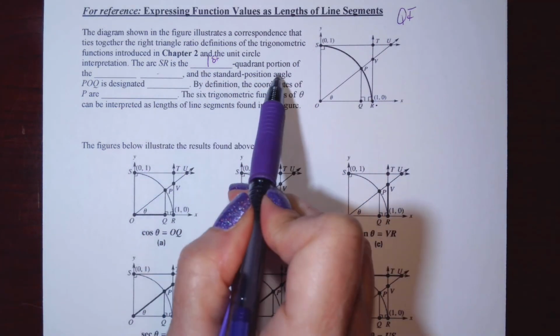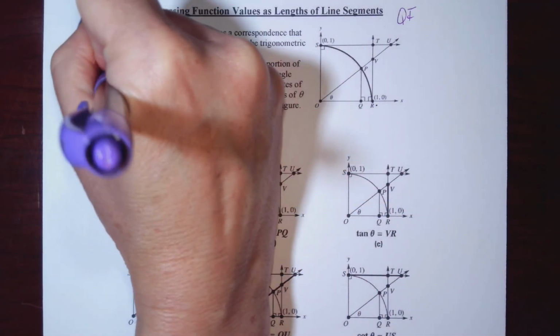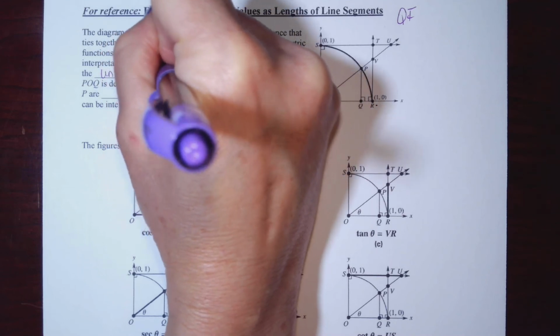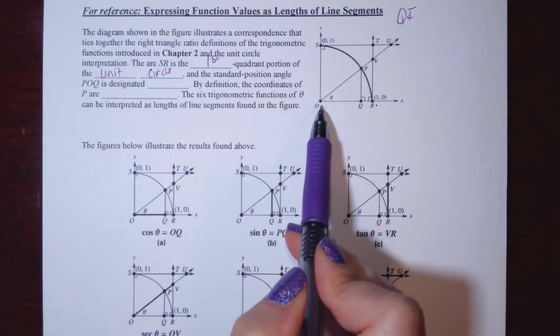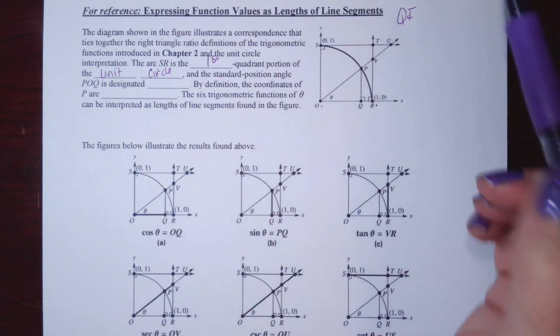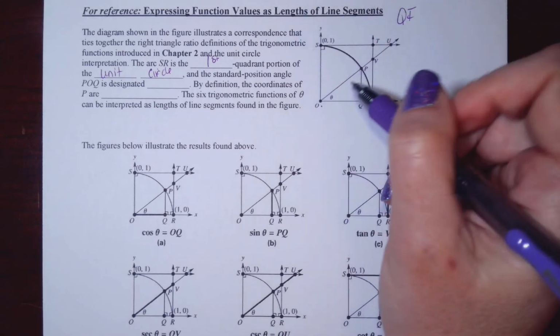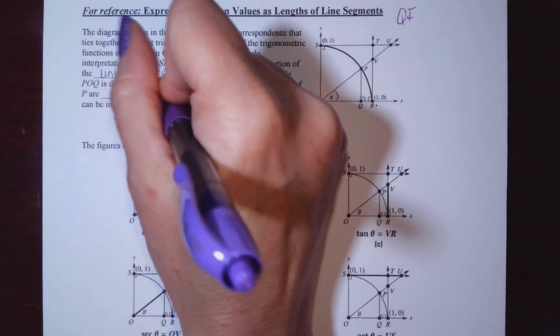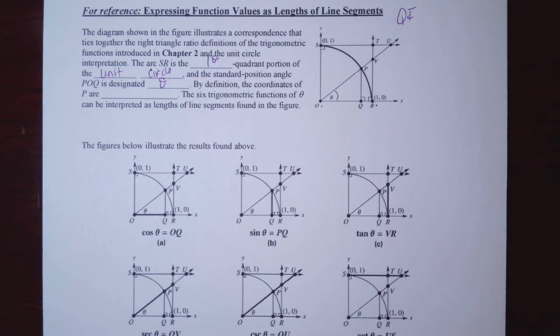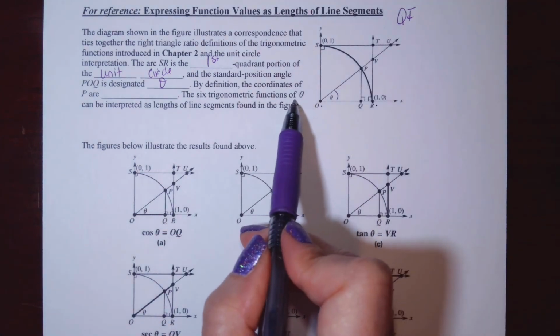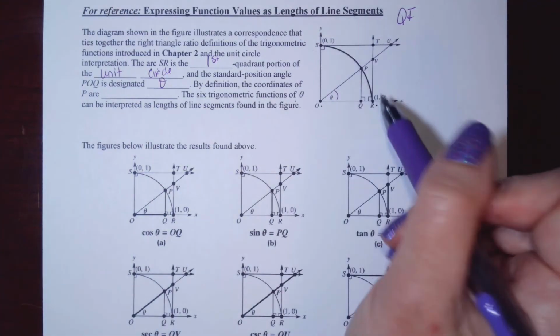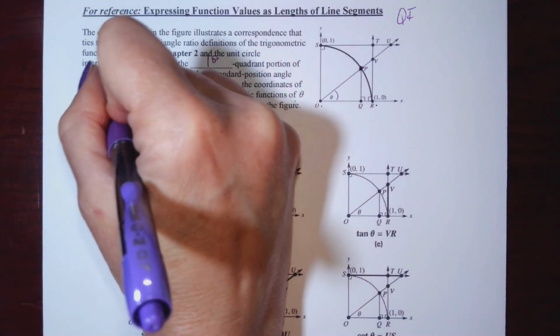The arc is the first quadrant portion of the unit circle. Standard position angle POQ is designated as my angle theta. By definition, the coordinates of P, right here, are going to be cosine theta and sine theta.